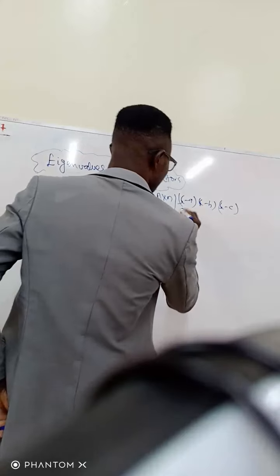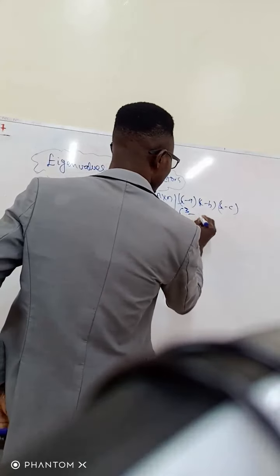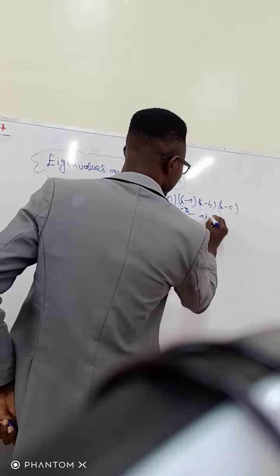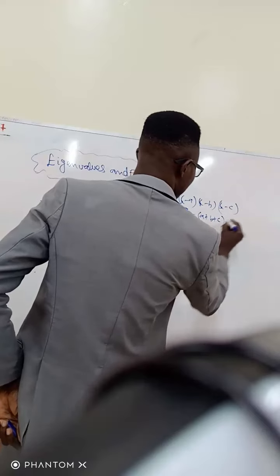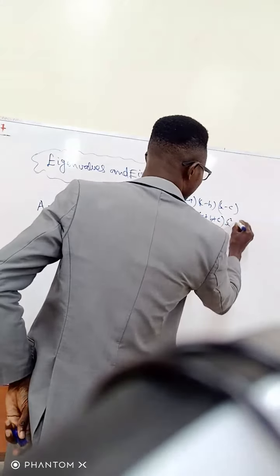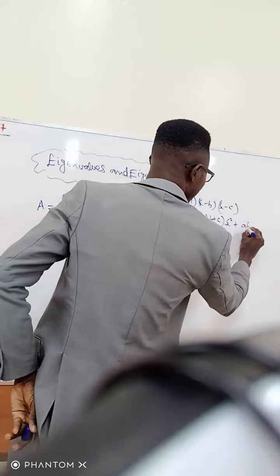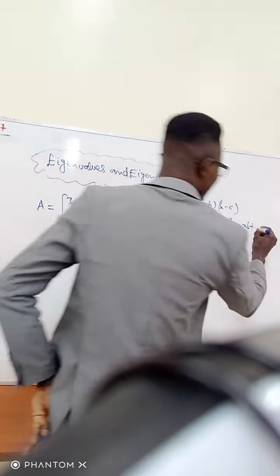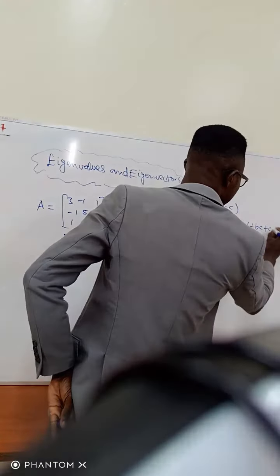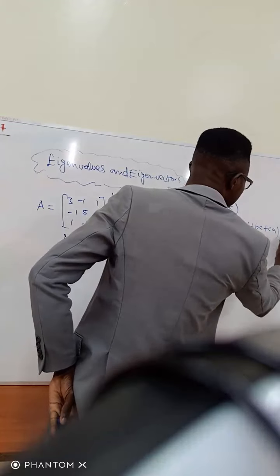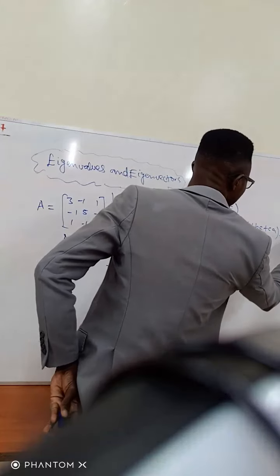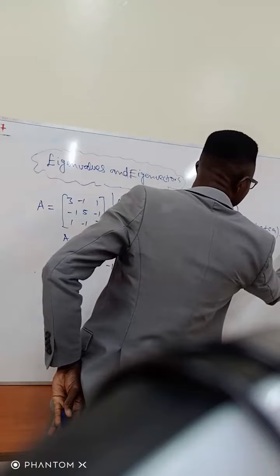So try to open up this bracket. You will get lambda cubed minus (a plus b plus c) lambda squared plus (ab plus bc plus ca) lambda, then minus abc, and this must be equal to 0.